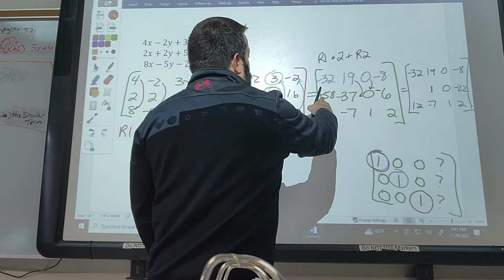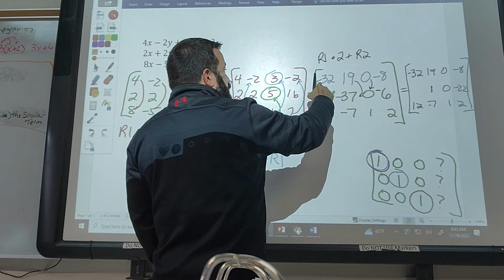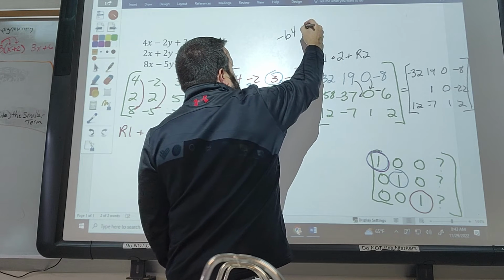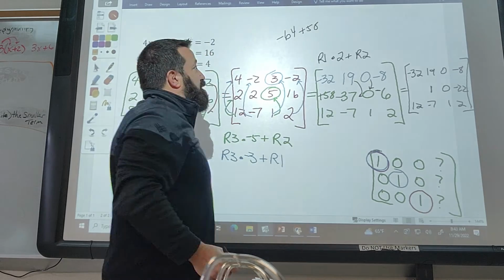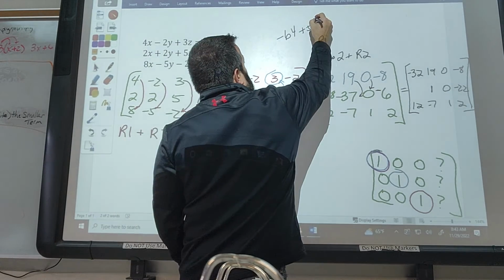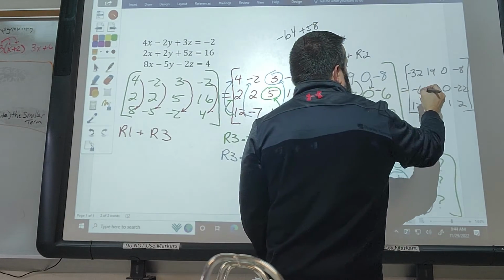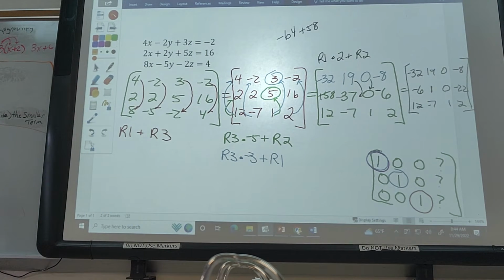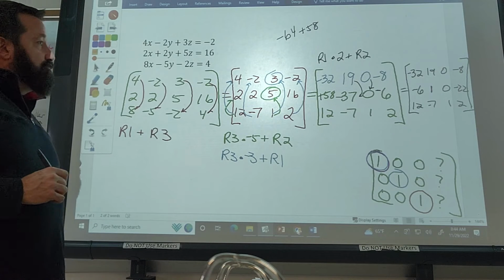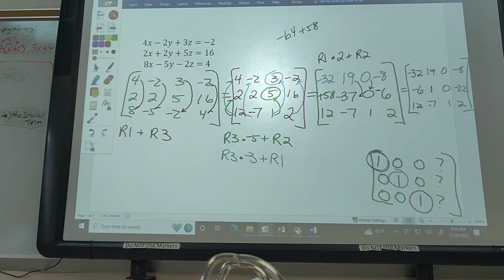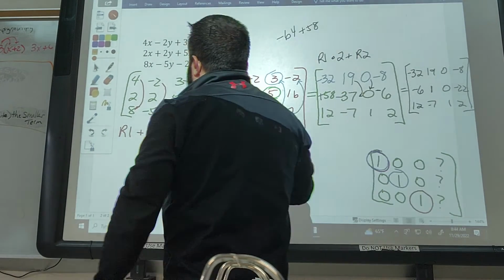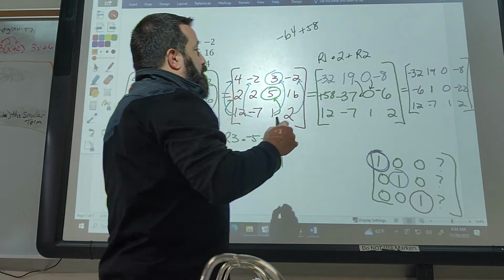What's going to happen here though? Negative 32 times 2 is a negative 64, and then I'm adding 58. That comes out to be a negative 6, right? Yes? So that's not so bad. Now that I have that 1 in place, now I'm going to worry about getting this 19 to be a 0.